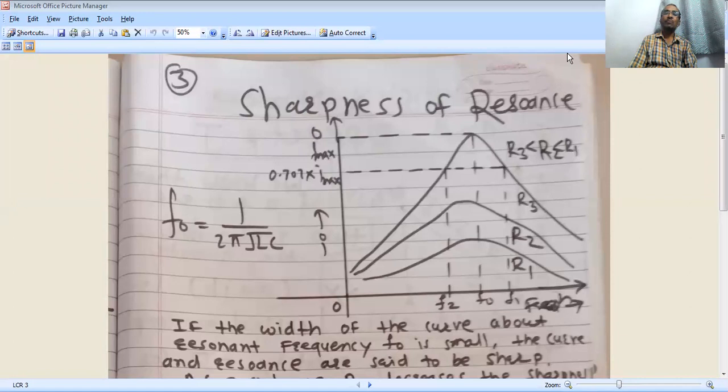Let us suppose R1 is the first value of the resistance where we are going to test the series LCR circuit, and we are going to plot the graph of that series LCR circuit. Let us suppose it is 1000 ohm.